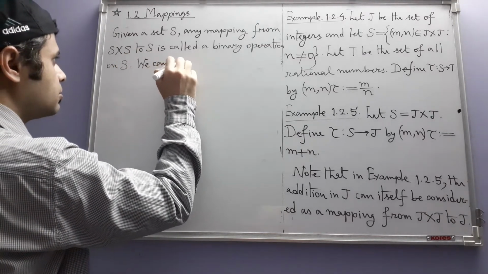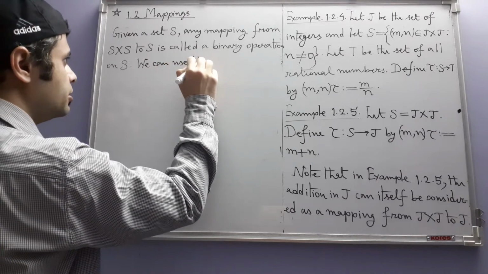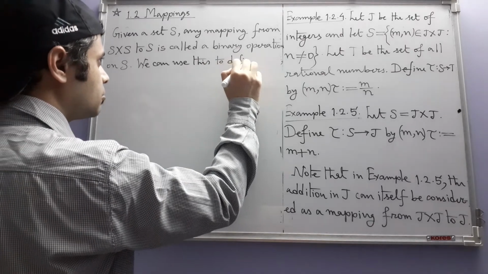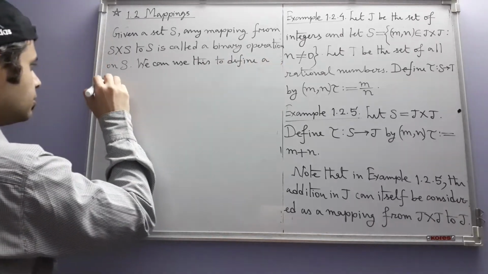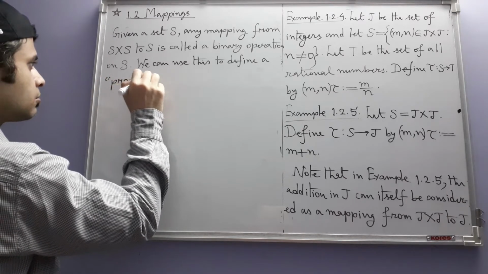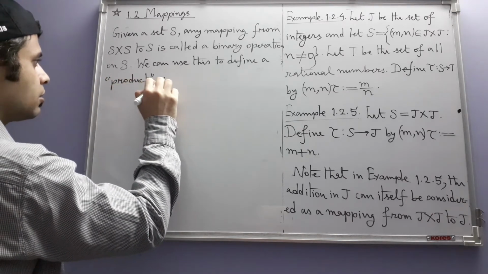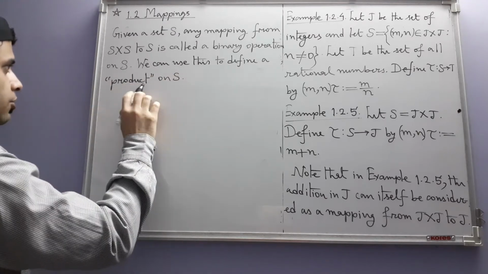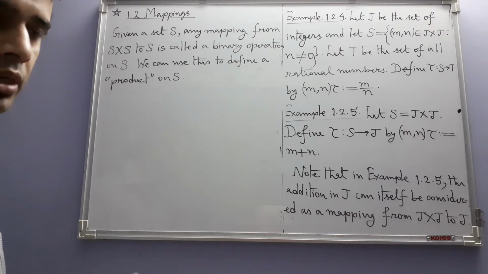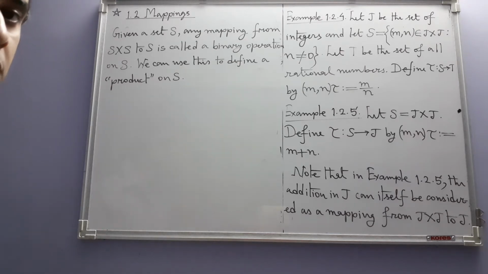We can use this to define a "product" on S. The word product is within quotes because it's not actual product, I mean ordinary product or multiplication.